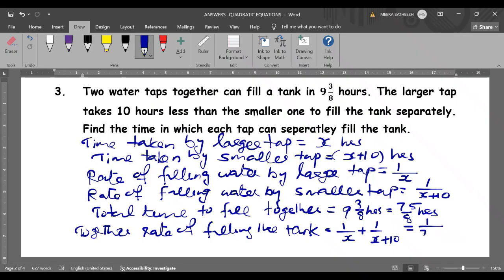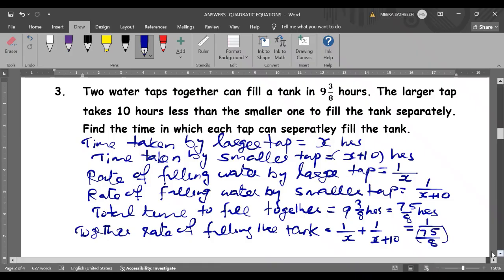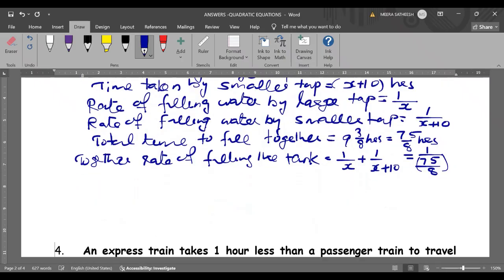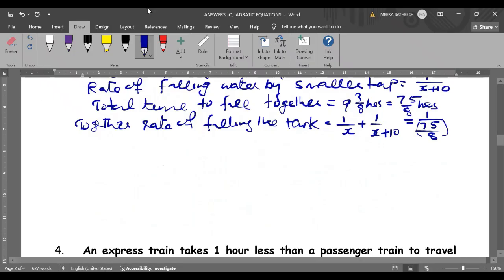That's the important part to do. Now let us form the equation. So 1 by x plus 1 by x plus 10 is equal to 8 by 75.